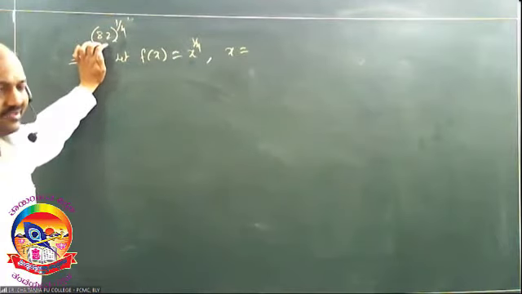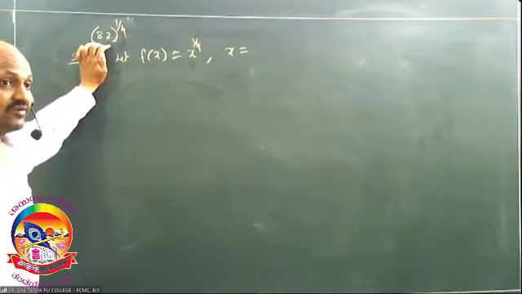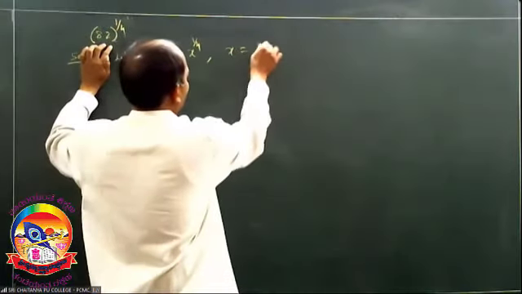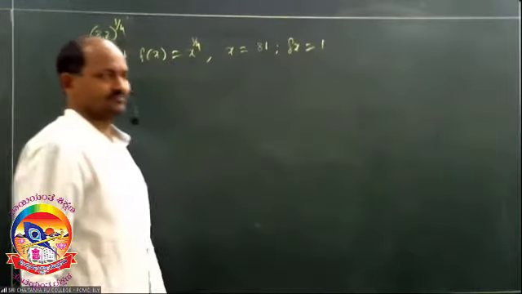Clearly, fourth root of 81 is 3. So we get x value 81 and delta x is equal to plus 1.